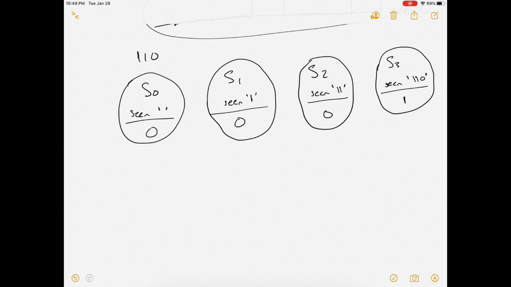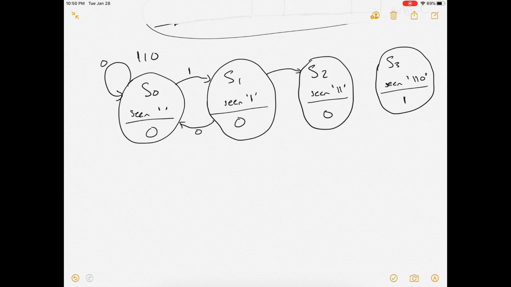So we're going to stay in S0. If we see 1, however, we're going to move to S1 because now we are in the state that we've seen 1.